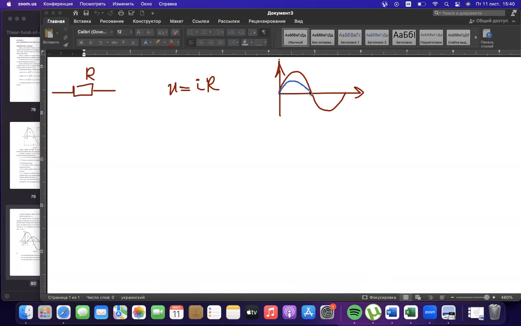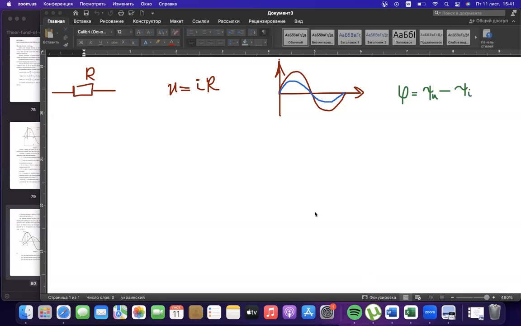Maximum under maximum, minimum under minimum, the same extremum points. And it means that the shift angle equals 0 because the initial voltage and current angles should be the same.